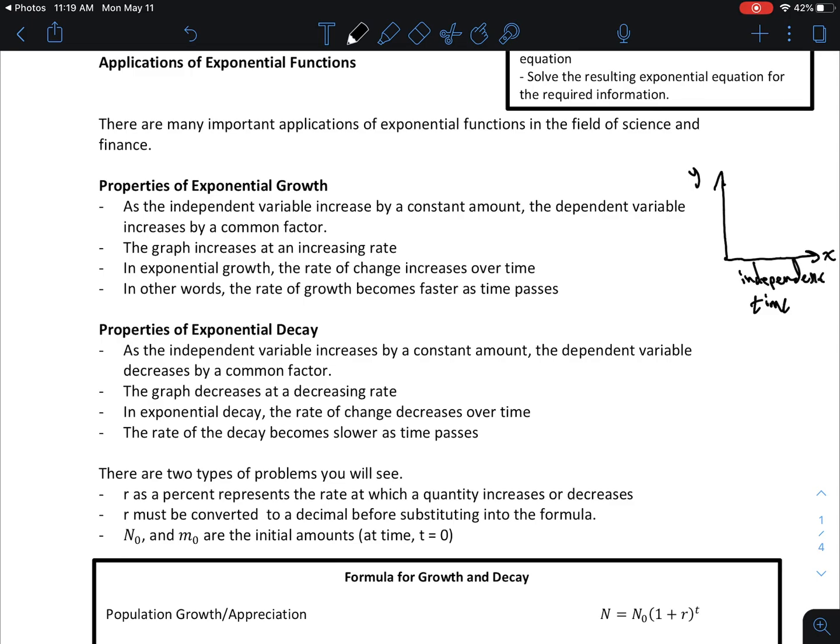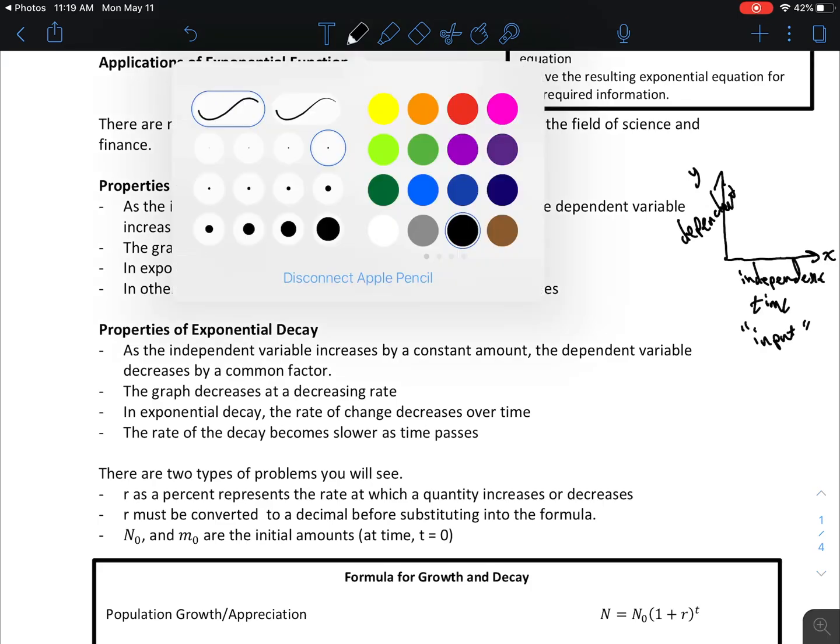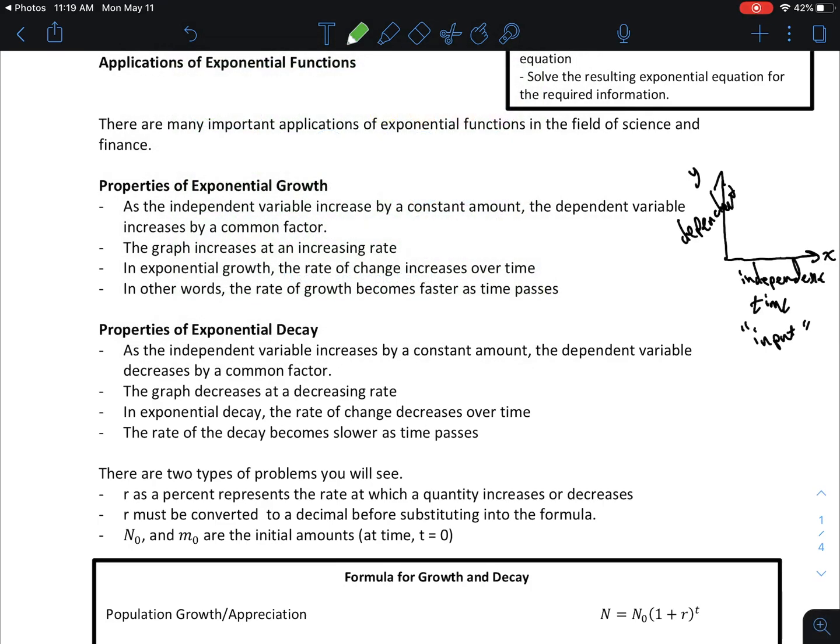This is how I remember this: things happen in time, time does not stop, so it's independent. And then we have dependent things, things that depend on what happens with the independent variable. We could also call this our input, and this will be our dependent variable, y.